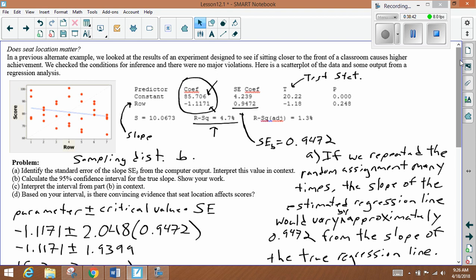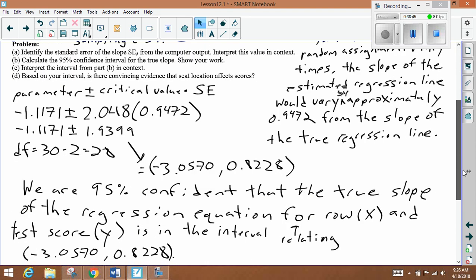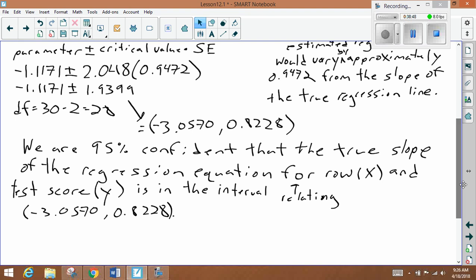But when we construct the confidence interval, we're going to say that we're 95% confident that the true slope is in this interval. Unfortunately, our values over here at negative 3 all the way up to 0 look like the relationship that she wanted is happening, because there's a negative slope.